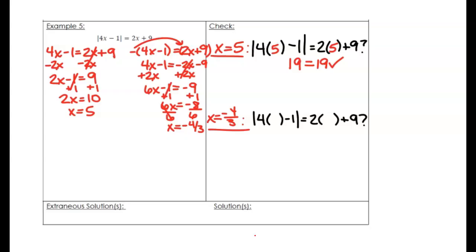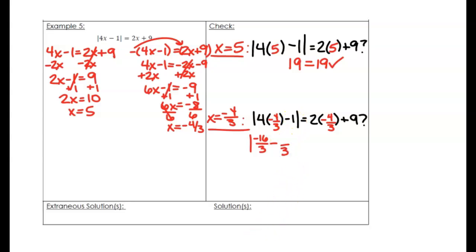Now, when I substitute negative 4/3 in place of x, remember that I'm multiplying the 4 and the 2 by the negative 4 that's in the numerator, not the denominator. The denominator is staying. So I have the absolute value of 4 times negative 4, that's negative 16 over 3, minus, how would I write 1 as something with the denominator of 3?